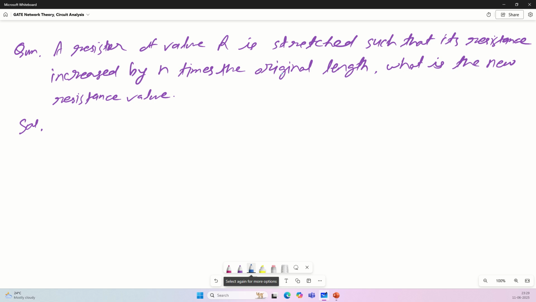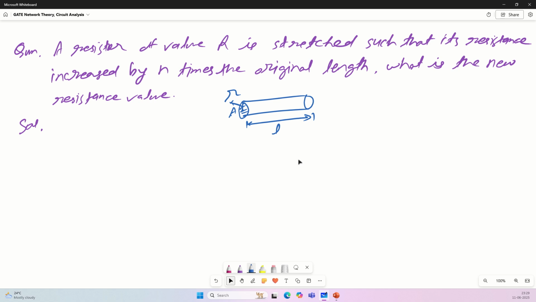So let's say we have an element like this, whose length is some L value. It will have some cross section, let us say whose area is A, and the radius of this particular cross section is r.